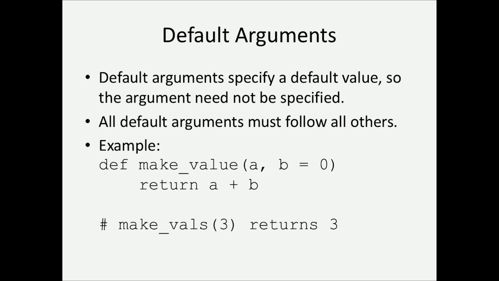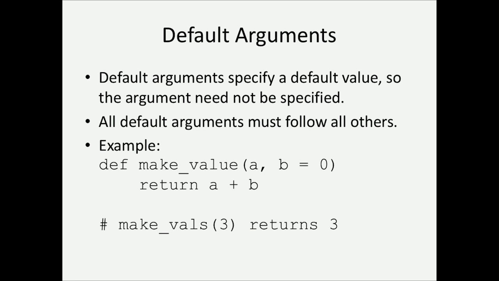It's incredibly simple. So I have a function called makeValue. It has an argument A and an argument B. B has a default value of 0. What this means is if there is no second argument in this case, it will just assume 0. So 0 will get passed to B automatically.